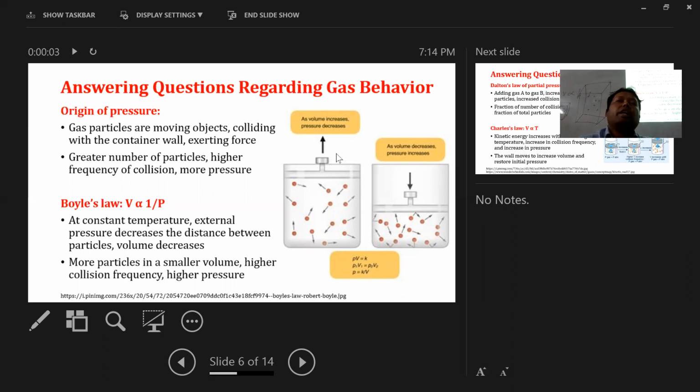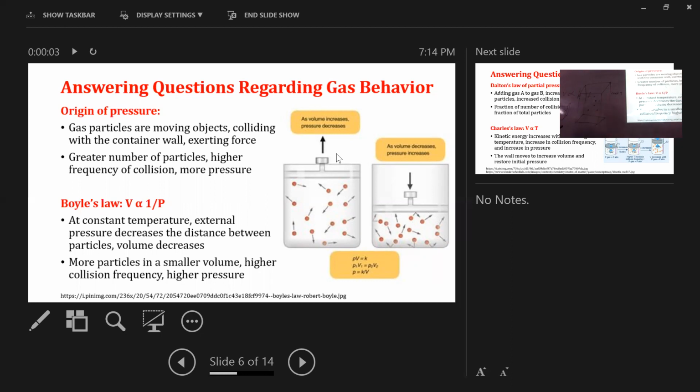How can we think about the gas molecules having some pressure? Gas particles are moving objects colliding with the container wall, exerting force. Okay, we have some gas molecules inside a container.